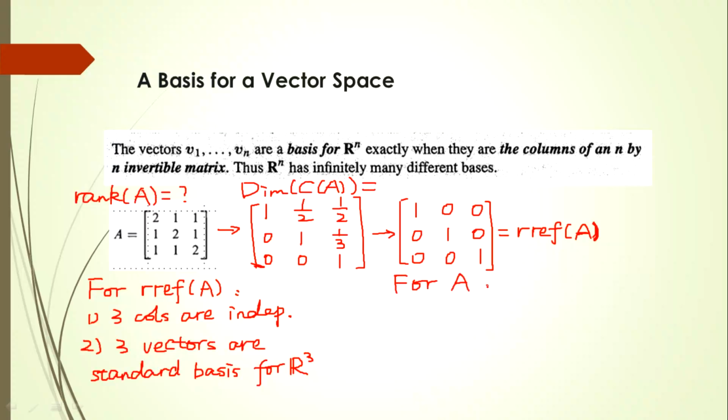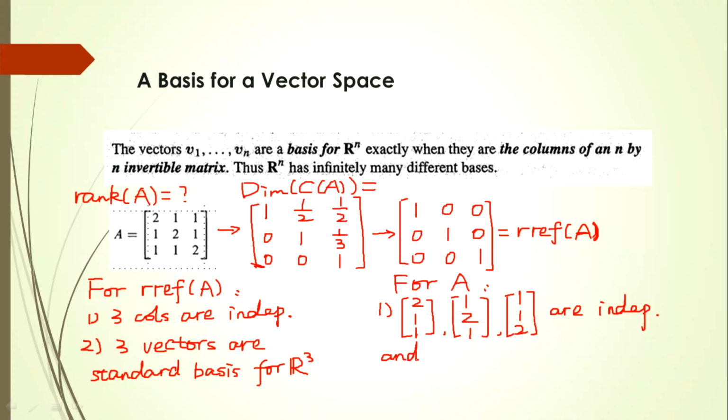And let's check matrix A. According to its RRE form, those 3 columns are also independent, and they are a basis for R3. They are not the standard one, but they are a basis for R3. 3 independent vectors can span the full R3.